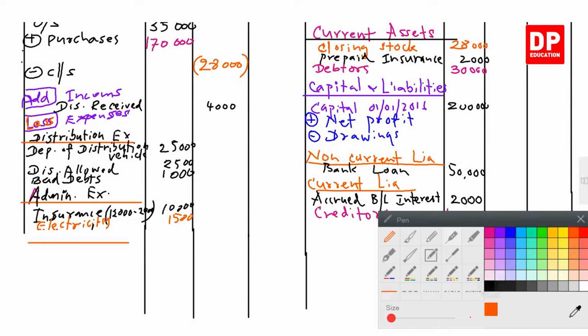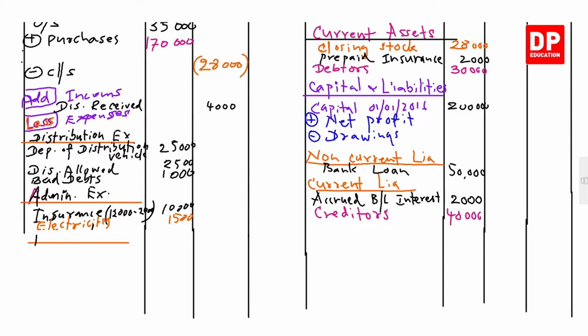Let's put rates and admin expenses. Rates 2,000, admin expenses 6,000. Wasn't it?